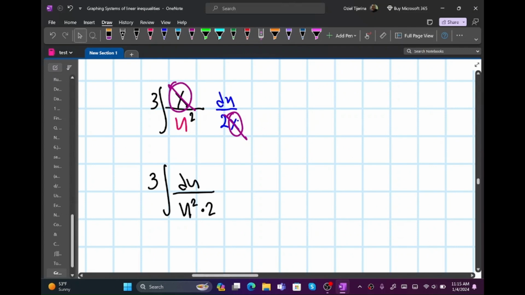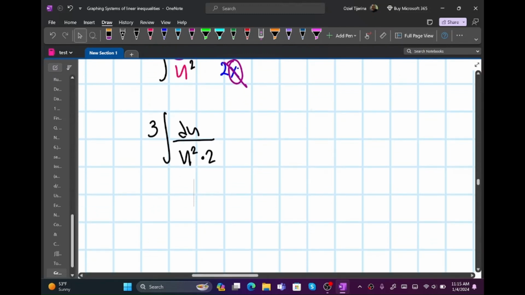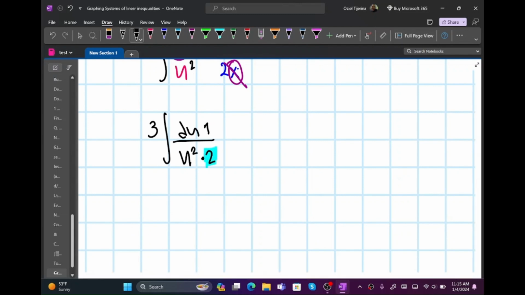So, just doing some algebra here, okay, with the multiplying, and then what you're going to do is take out the 1/2, because really there's a 1/2 here again. Make sure that you take it out. You're going to say 3 over 2 integral of du over u squared.